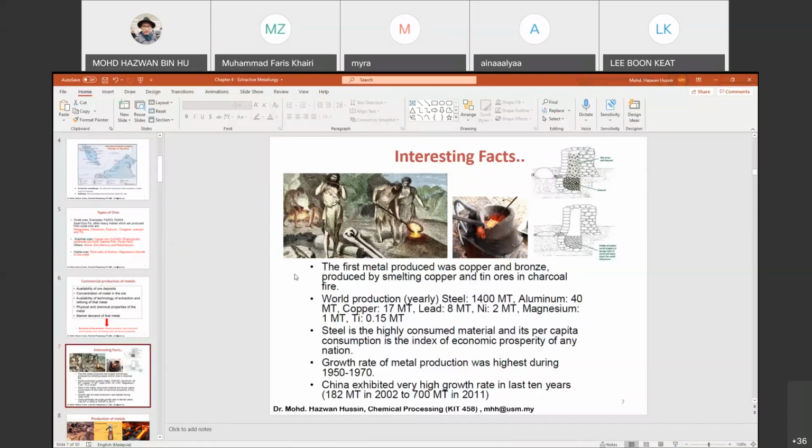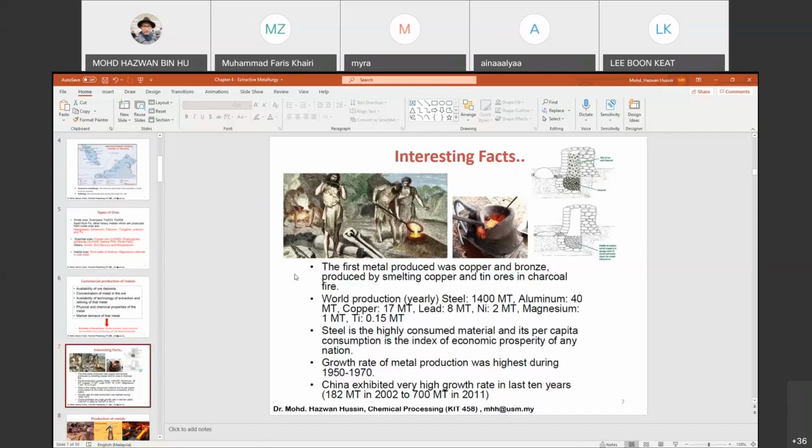Of course, if you have a steel making industry in your country, then this will give a reflection on your GDP.